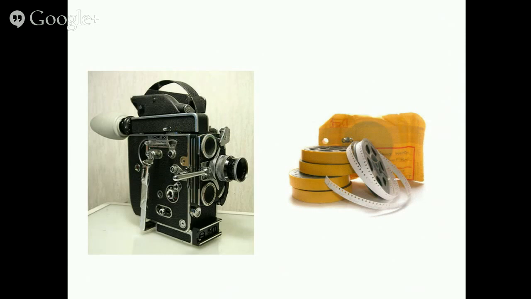I'm sure that some of the audience won't remember this device, but basically it had a hard film inside it that was mechanically driven through the lens and exposed, and then you took the film out of the camera and sent it off to Kodak usually, and 2 weeks later you got a developed film back.